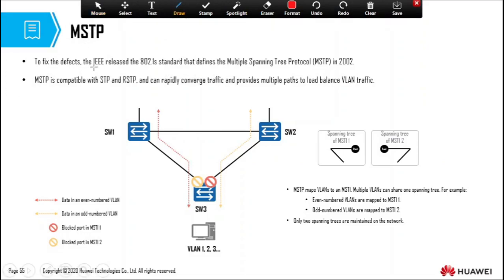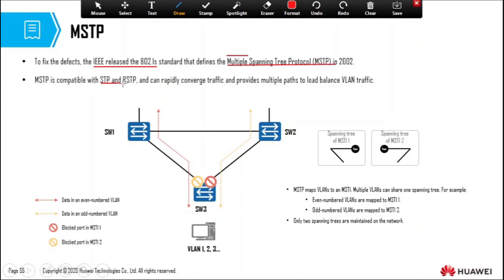IEEE released it in 2002, the 802.1s standard, which defines the Multiple Spanning Tree Protocol. As the name suggests, instead of having one tree, we can have multiple spanning trees.